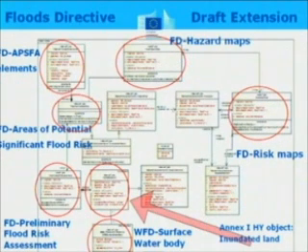Just to demonstrate, maybe it's too difficult to read, but this is the extension for flood risk, taking the core model and extending or specializing it with the requirements identified in the flood directive, which are mainly the preliminary flood risk assessment, which is Article 4, then the areas of potential significant flood risk, which is Article 5, and then the provision of hazard maps and risk maps.